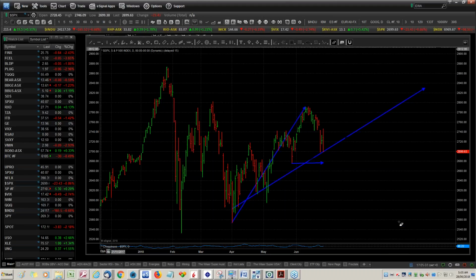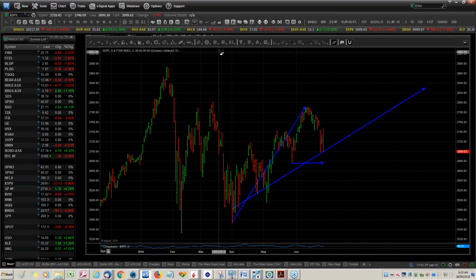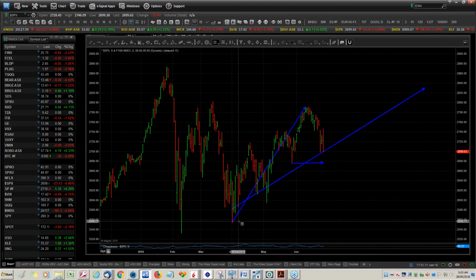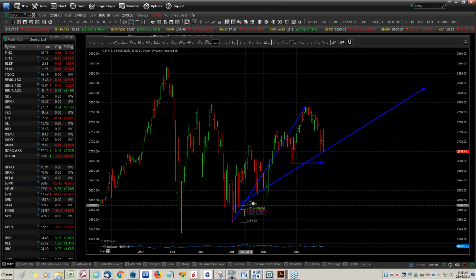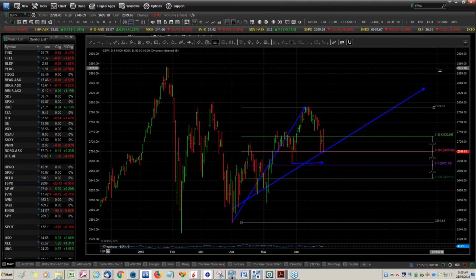I use the word probably because you don't know, and neither do I. That's where people look at trend lines as if they have some predictive quality. That's just nonsense.